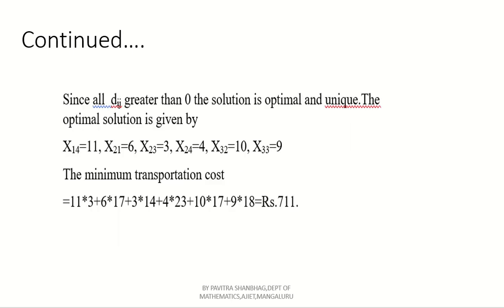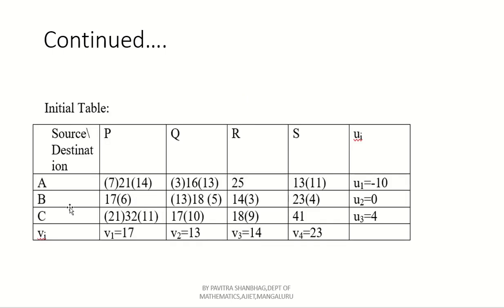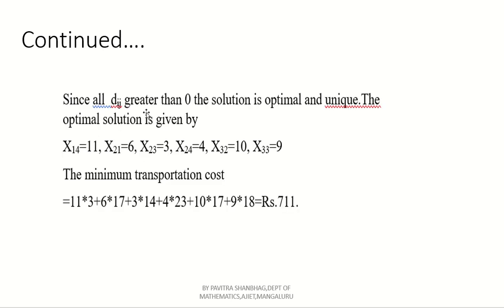At the end, since all dij are greater than 0, the solution is optimal and unique. See here, all dij are positive: 14, 11, 13, 5. All are positive here, right? So this optimal solution you have to write.